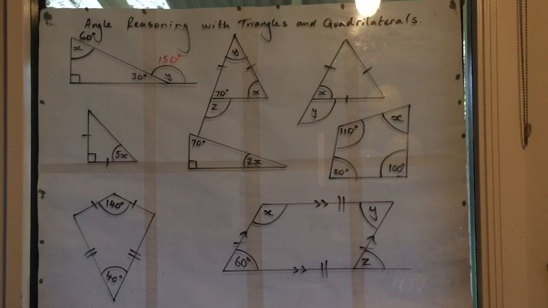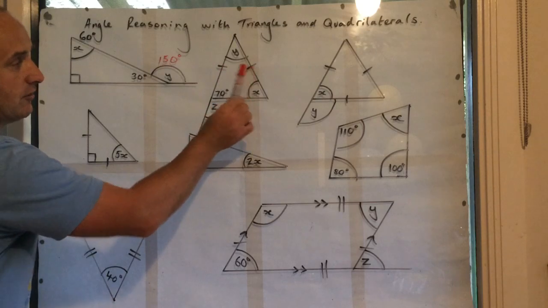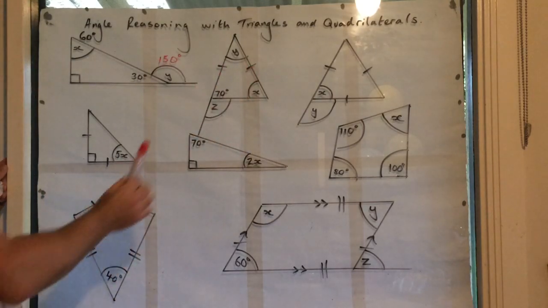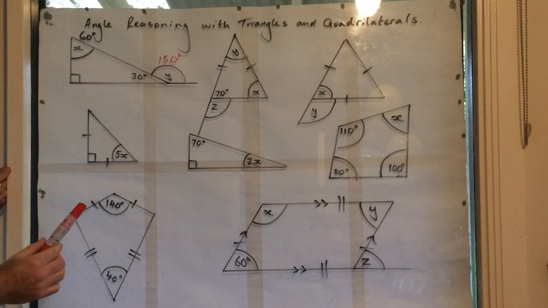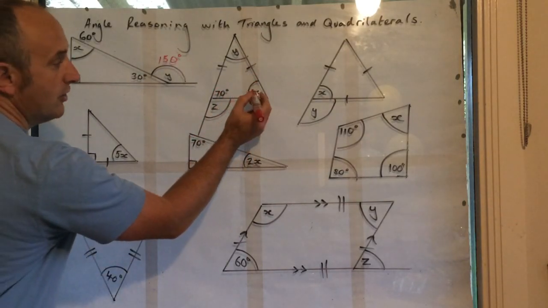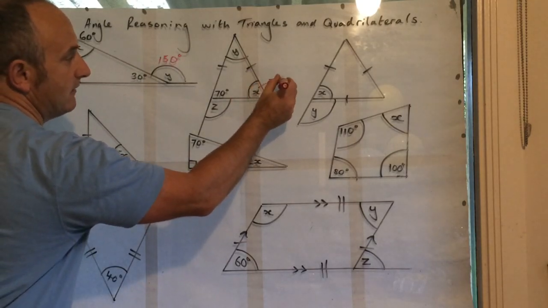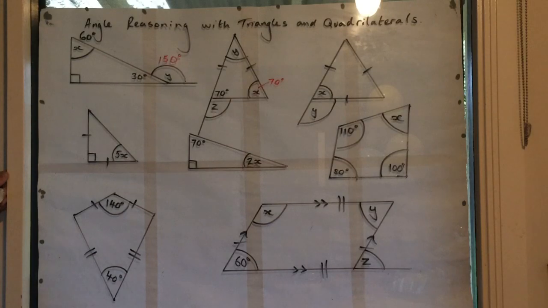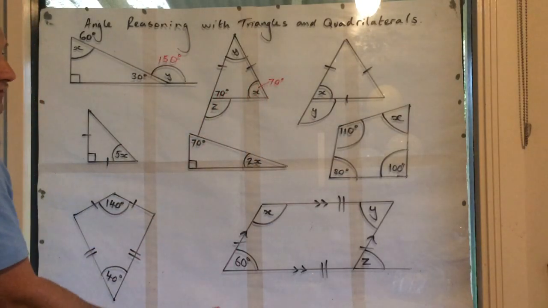Now, on the second question here, these two are the same length. So if these two are the same length, that means this is an isosceles triangle. That means this angle here is the same as this one. So this angle here must be 70 degrees. 70 plus 70 is 140.